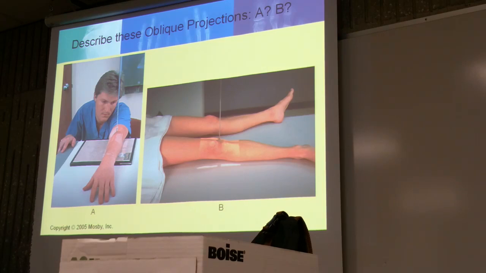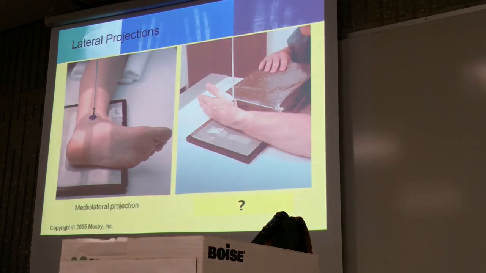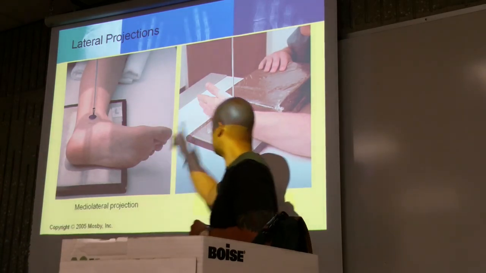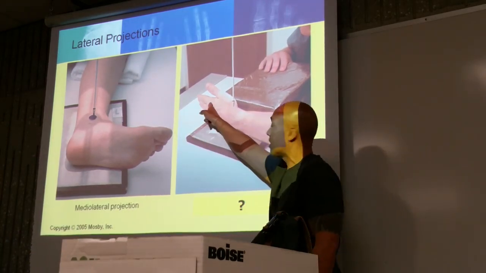If that second X-ray wasn't on the wrist but further up the hand, are we still looking at palmar? This is a wrist. If we were taking an X-ray of the hand, it is still a lateral-medial projection.